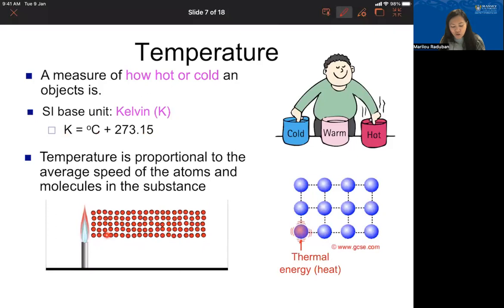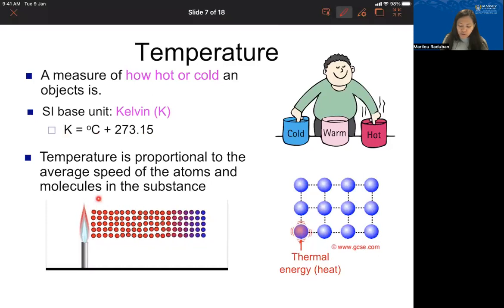The temperature of the neighboring atom will then increase, making it vibrate as well and collide with the next atom, transferring some energy. And that goes on until the energy is being transferred to the last atoms at the farthest end of the material.